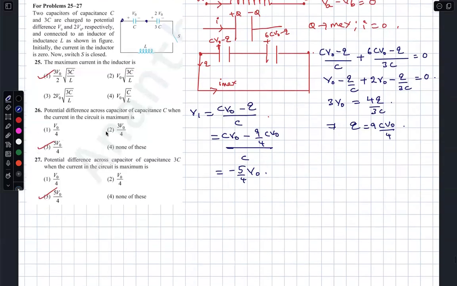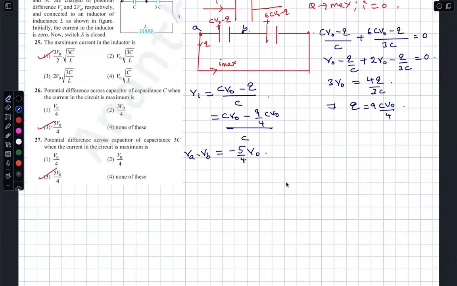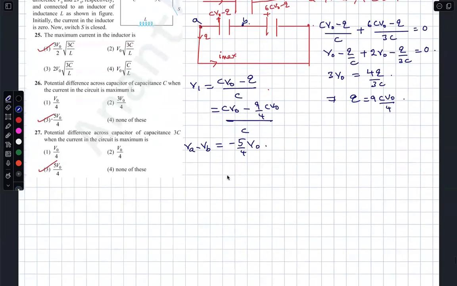Don't question me about minus or plus. You didn't tell me about the points. Across, suppose this is A and this is B, VA minus VB is this one. What is VB minus VA? 5 by 4 V naught, right? And what about the other?